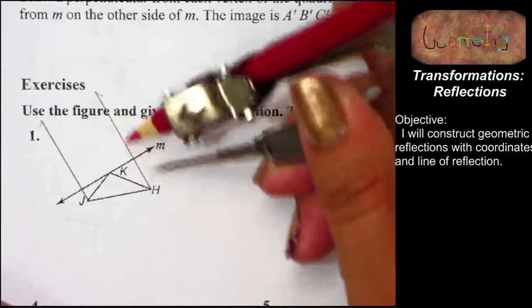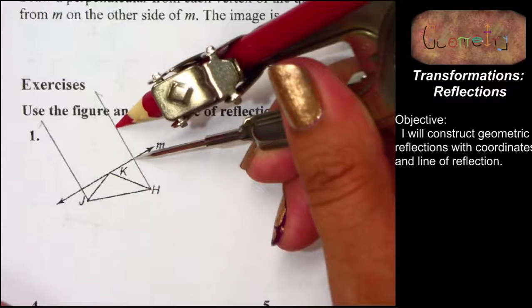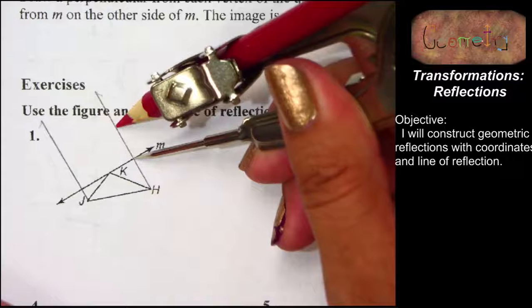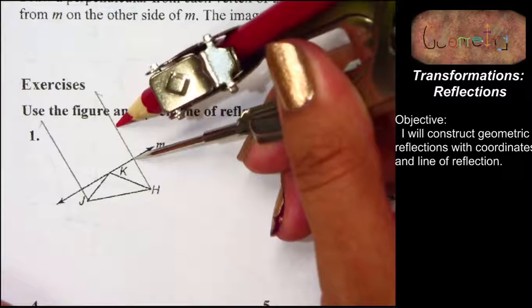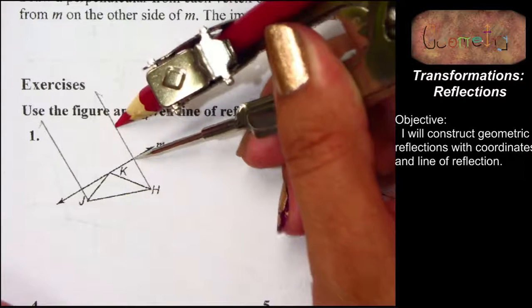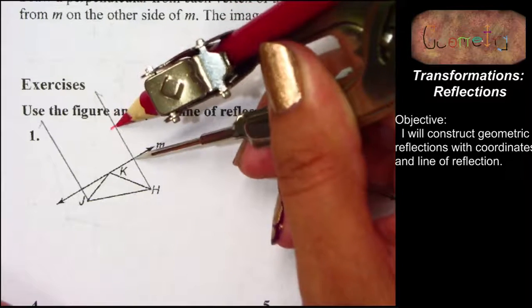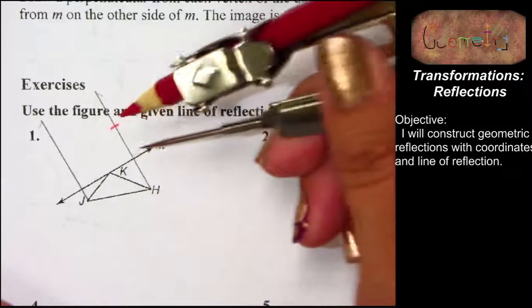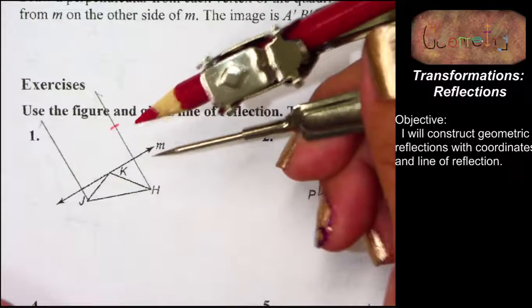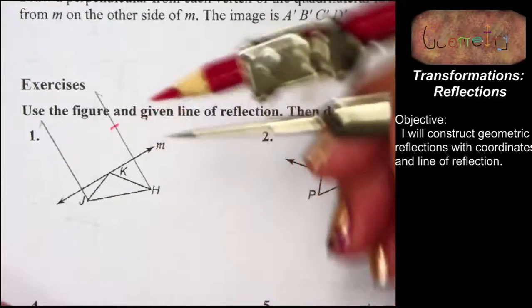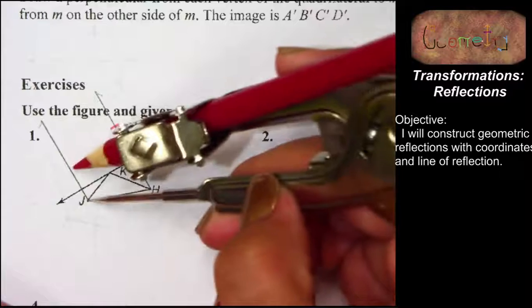This is the distance that you will copy on the other side of the line of reflection. So just shift your compass over so that the needle is on the line of reflection. Set your pencil down and draw a little arc to tell yourself that's how far. Repeat for every vertex that you have movement for.